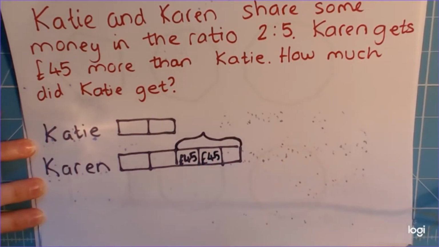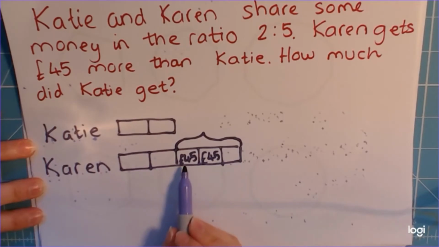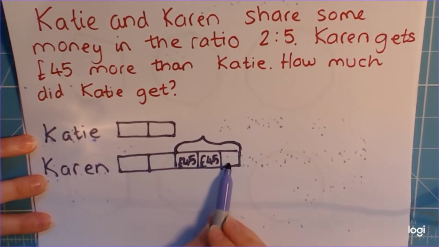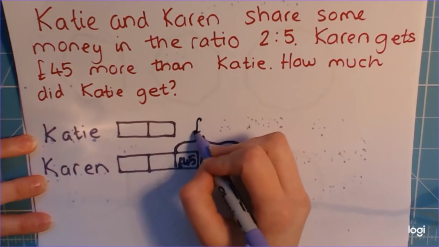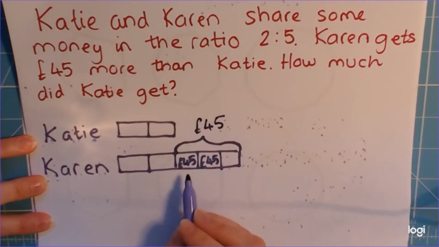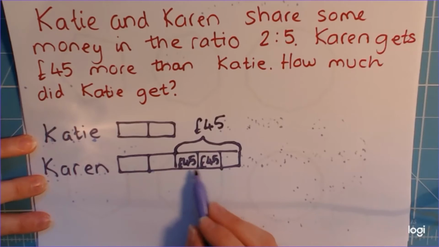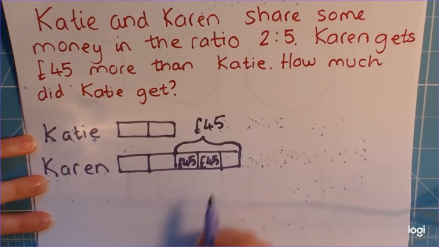Oh, that's wrong. I'm hoping someone's picked me up on that and noticed that I've gone wrong as well. I've rushed in there. Please don't make that same mistake as me. Can you see what I've done wrong? I've put 45 in each little box, but it's £45 altogether, how much she's getting more. Otherwise, we'd have £45 times 3 more, which wouldn't be right, would it?